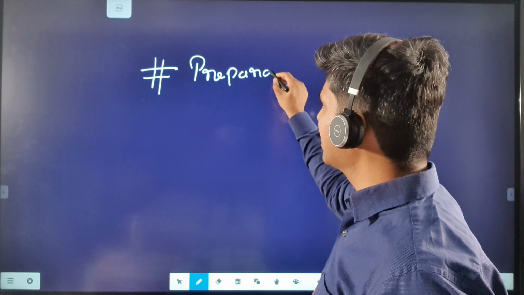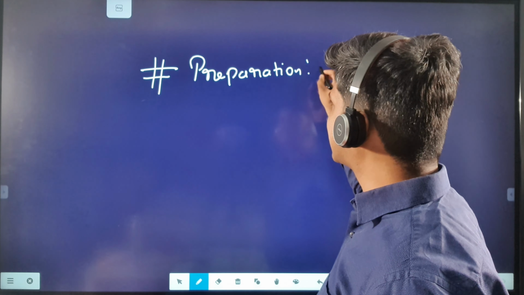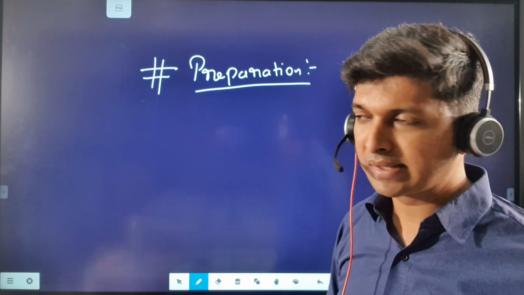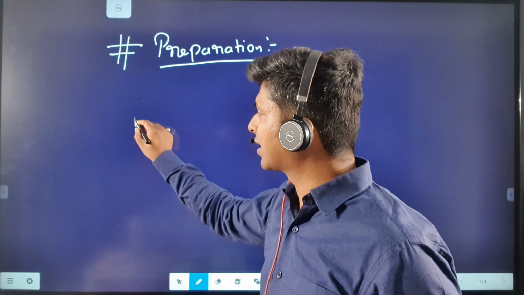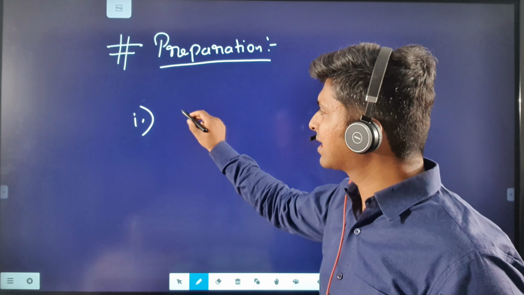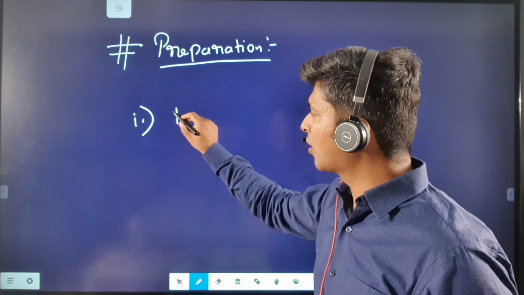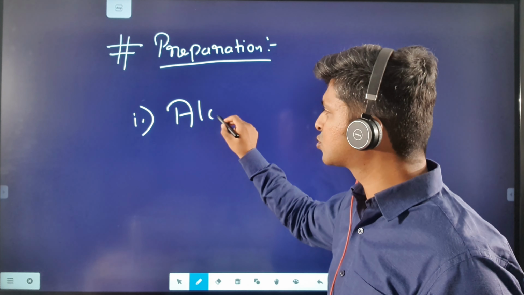Now there are a few distinct methods for preparation of haloalkanes. Let's see one by one which they are. We can convert alcohols to haloalkanes.